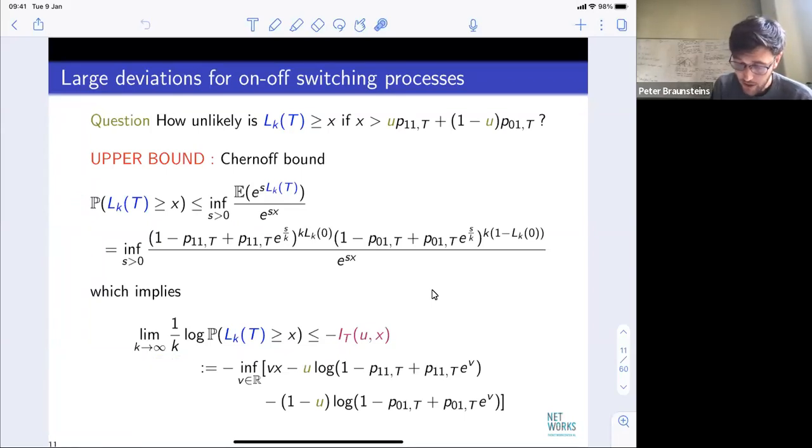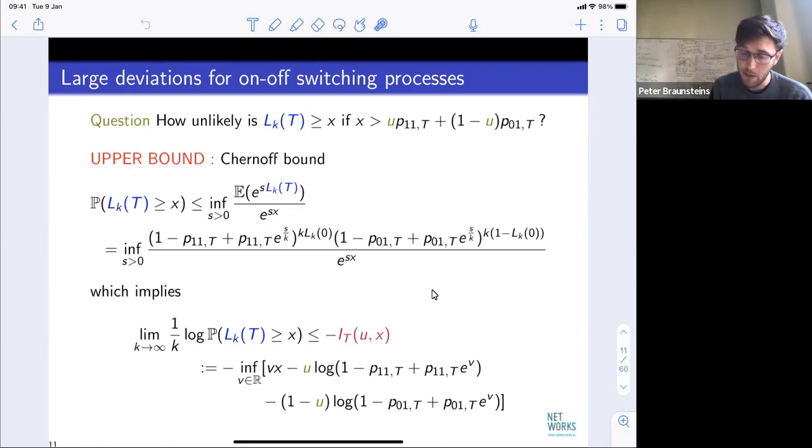So we show that this limit is less than or equal to some function, which is going to be quite important, called the rate function, which has this expression here. This expression is expressed as an infimum, but it can be written down explicitly, but the expression is quite ugly. So that's the upper bound on the probability.